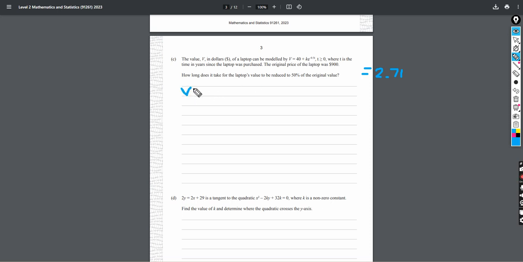So you say V equals 40 plus k, which is a constant, e to the minus 0.5t. The original price of the laptop was 900. Okay, so the value is 900 when time is 0. That 0.5t is going to become 0. e to the 0 is 1, because anything to the power of 0 is 1.